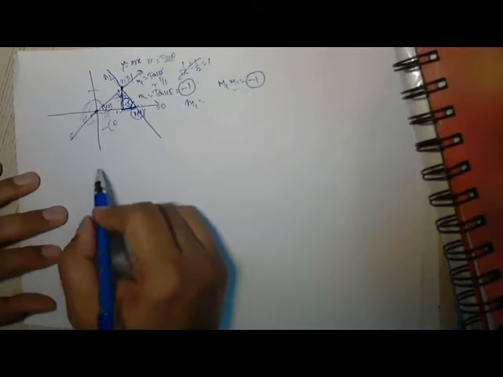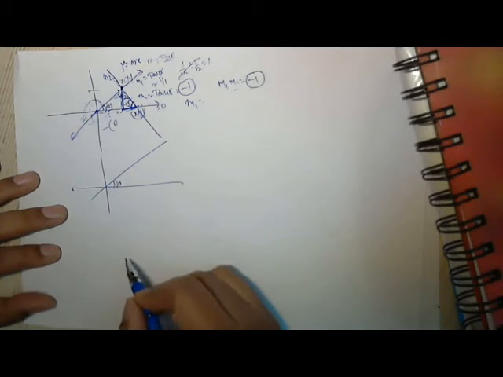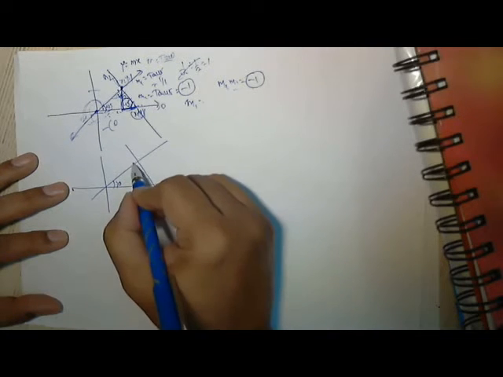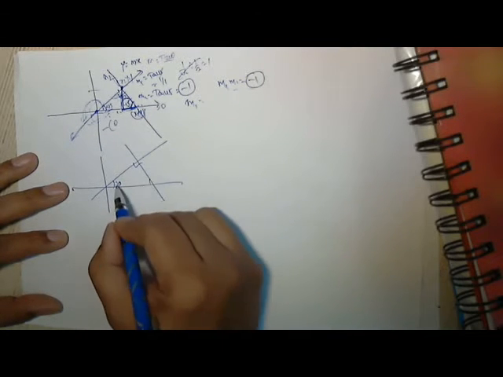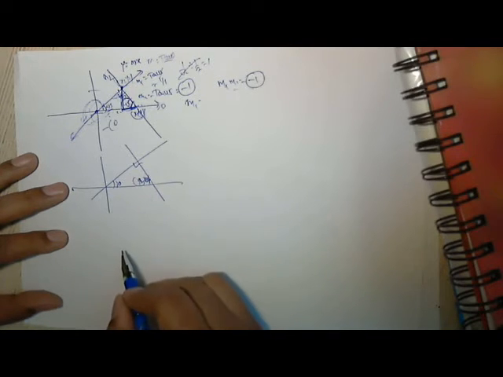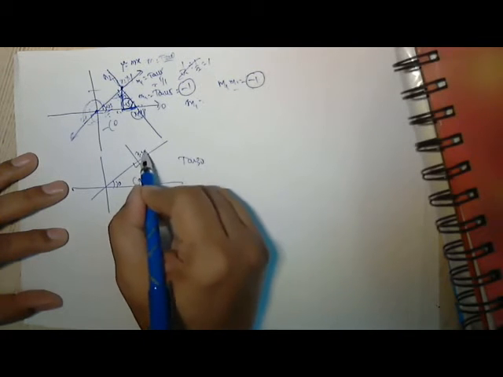Let us see one more example. Suppose this is 30 degrees. Now I draw a perpendicular line. This is 90. What is this? It is 90 minus 30. So now what is tan 30? Suppose this point is x, y.